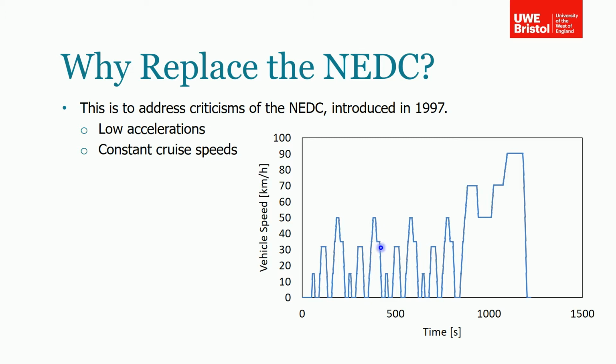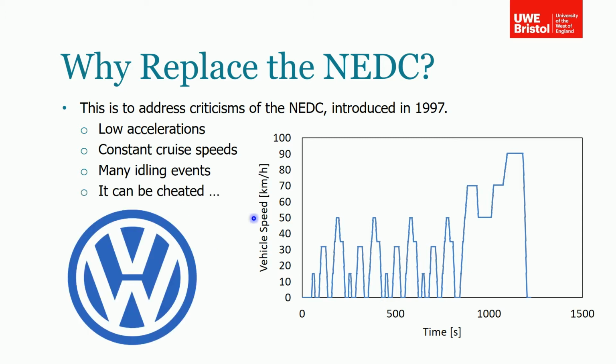Mainly, all these criticisms are that this drive cycle didn't reflect real world driving. So it's no good basing your emissions on this test if these aren't the emissions that are going to be released in the real world. There are quite a few idling events, and perhaps most importantly, most recently, it can be cheated.